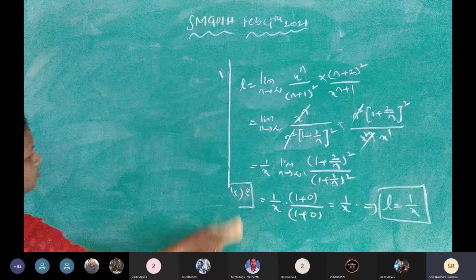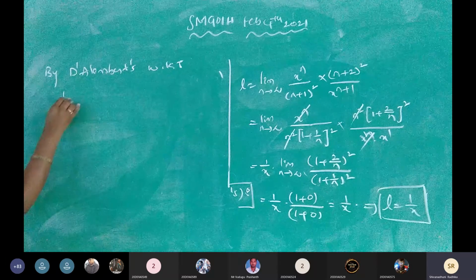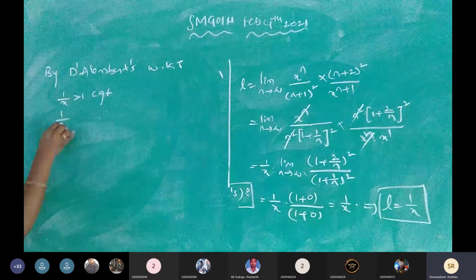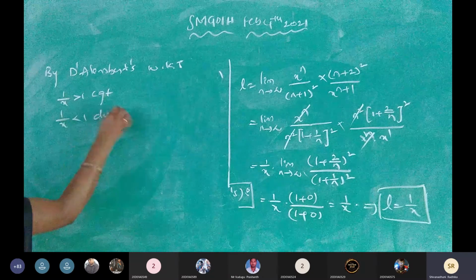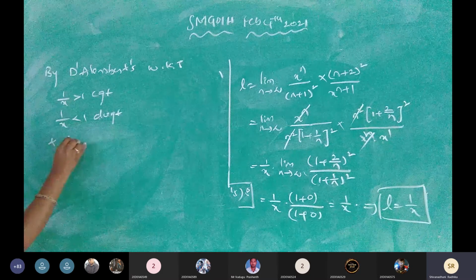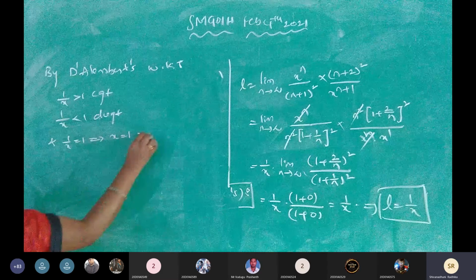by D'Alembert's ratio test, we are getting the L value. We know that. What is the L value here? 1 by x greater than 1, convergent. 1 by x less than 1, divergent. Comparing the L value with 1. It is clear? And 1 by x equals 1, that can be written as x equals 1, which is the test fails.